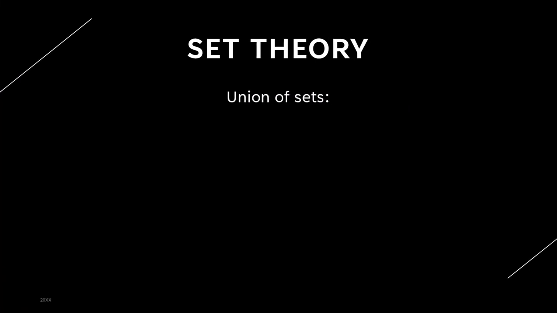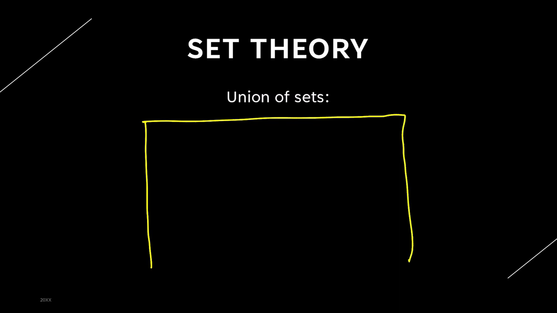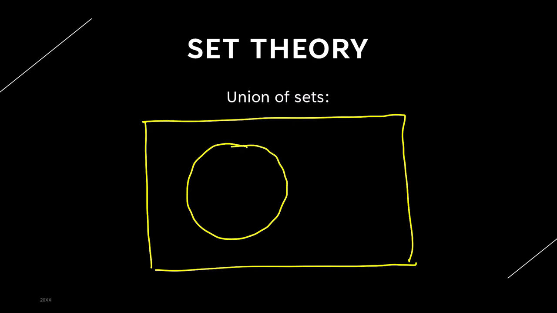Now, moving on, the next part: what is the union of sets? See, as I've already told you, there is a school and there are some students in this school who play cricket, and there are other students who play basketball.